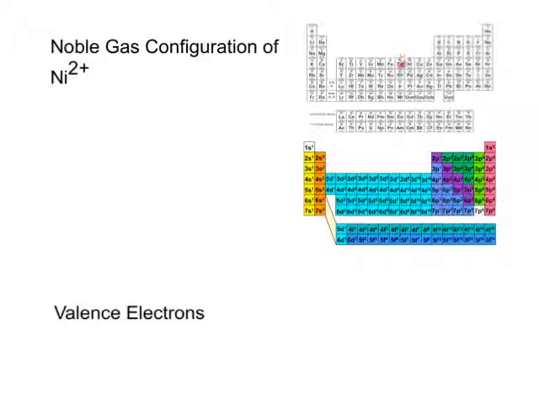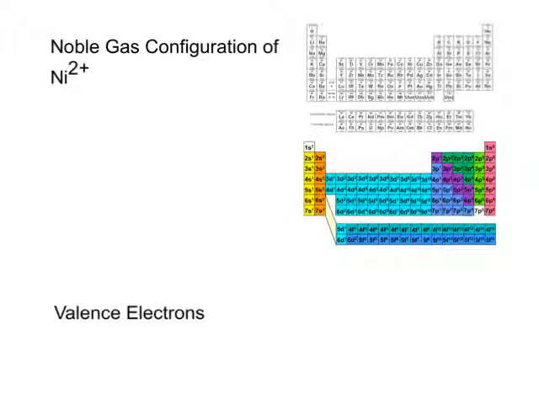So if I find nickel, it's here, and that is 3d8 on the periodic table, but that would be for neutral nickel. This is nickel 2+, so it's lost 2 electrons. So I go back 2 squares on the periodic table, and what I'm really asking you to write the electron configuration for is something with 26 electrons, and so that would be Fe.